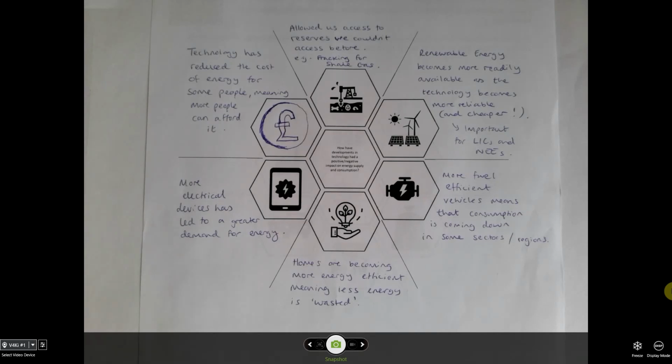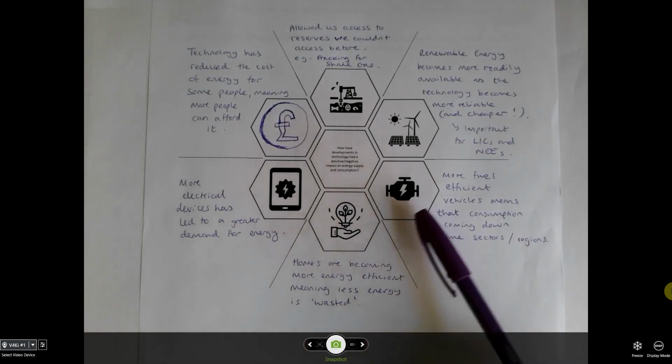As we start to make more and more wind turbines or more solar panels, the cost of those things comes down. That cost is particularly important when we think about low-income countries or newly emerging economies. I mentioned earlier how Africa presents a bit of an opportunity in terms of how it develops its energy sector. Renewable energy could play a really, really significant part in the electrification of the African continent.